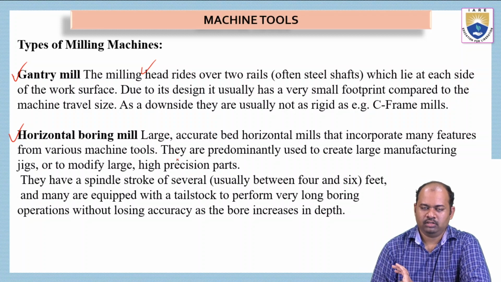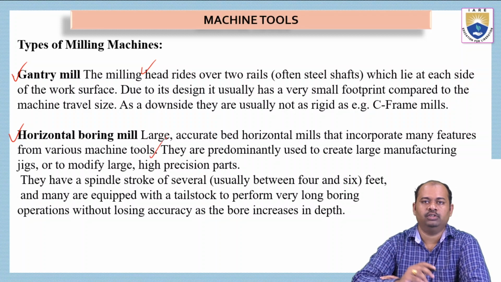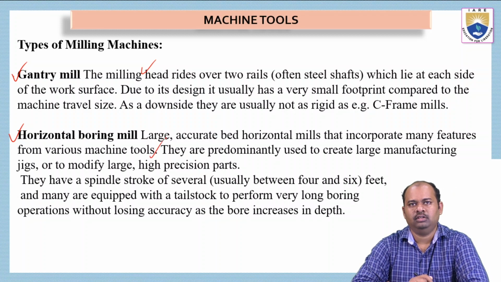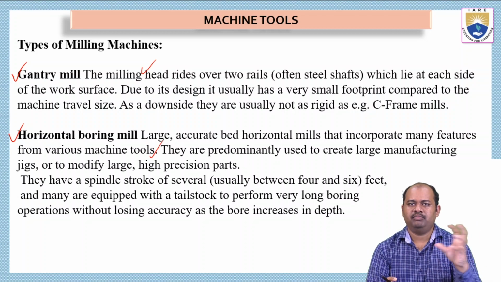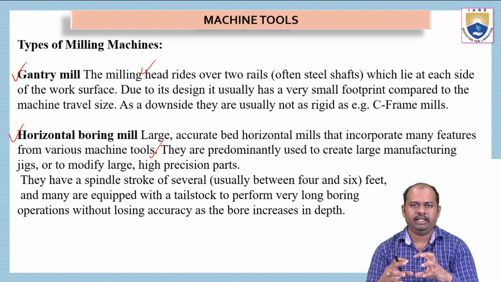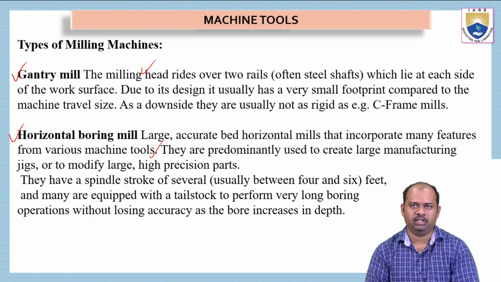Now, this horizontal boring mill is a large, accurate bed horizontal mill that incorporates many features from various machine tools. It contains a lot of features that are taken from other machines and combined in a single machine. So that is the horizontal boring mill.